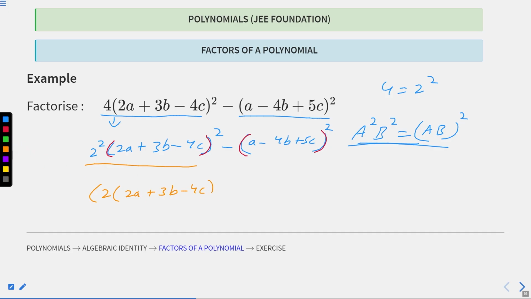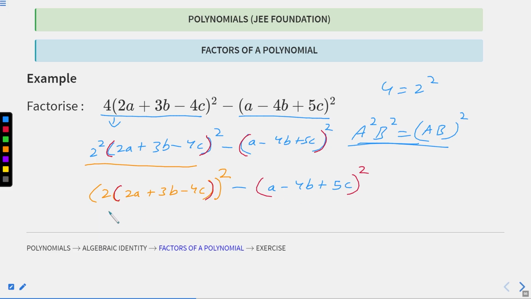This bracket gets closed here, this red bracket gets closed here, the orange bracket closes over here, then the whole square will be there. Now a minus 4b plus 5c just remains the same.